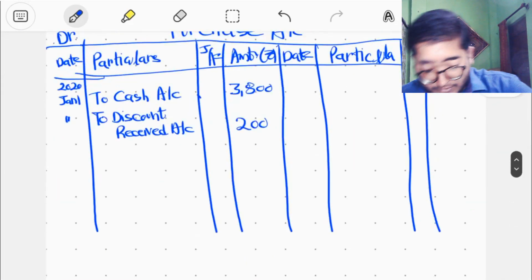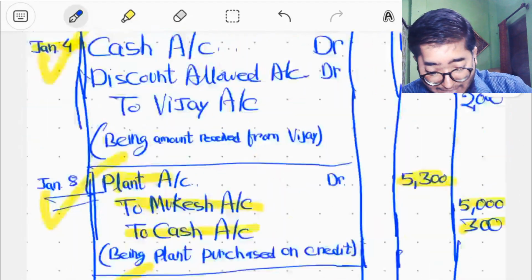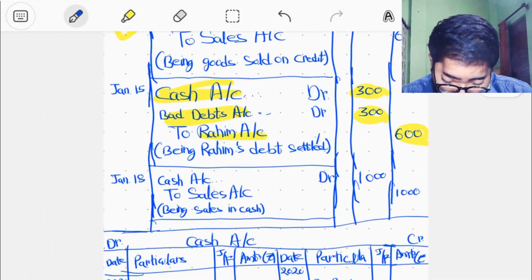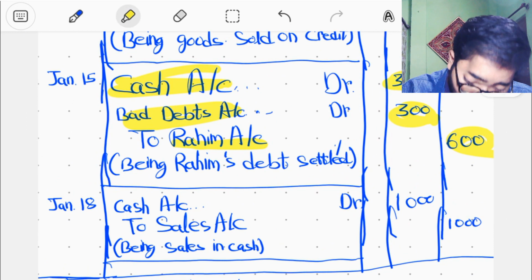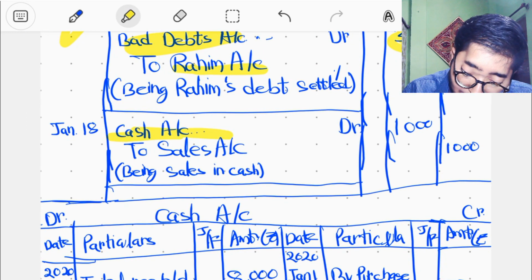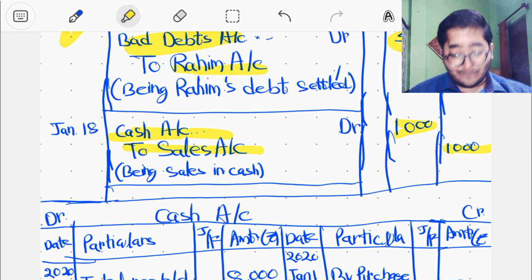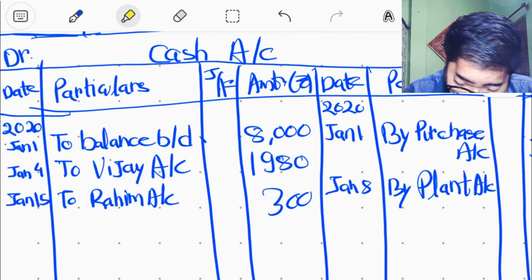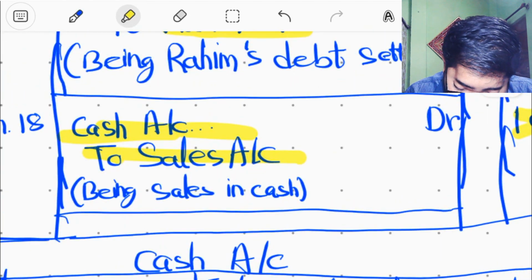So our January 15th transaction is also posted in the ledger account. Now the last, cash account debit rupees 1000 to sales account rupees 1000. Cash account debit, the date is January 18th.